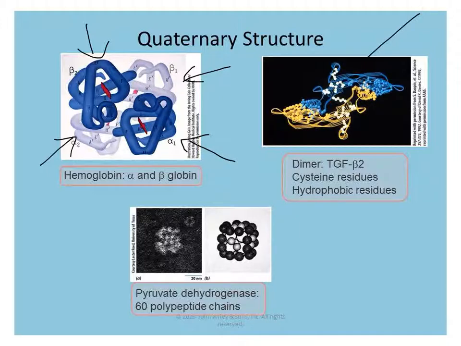This is another example of a protein that exhibits quaternary structure. It happens to be a dimer, so 2 monomers that interact together, and then something even larger can also exist, like pyruvate dehydrogenase, which actually has 60 polypeptide chains that form this larger complex and essentially has quaternary structure as well.